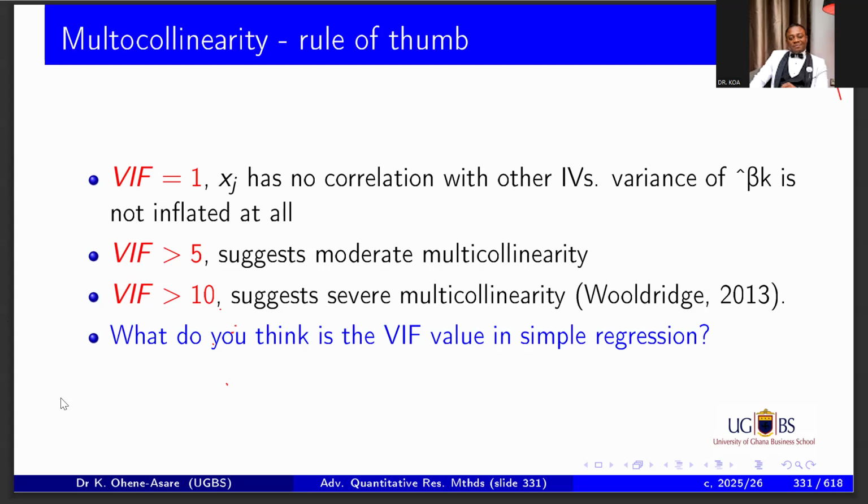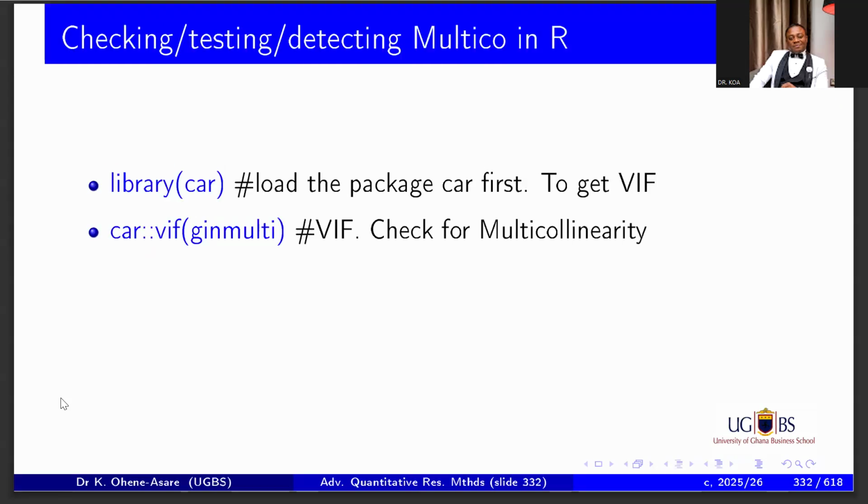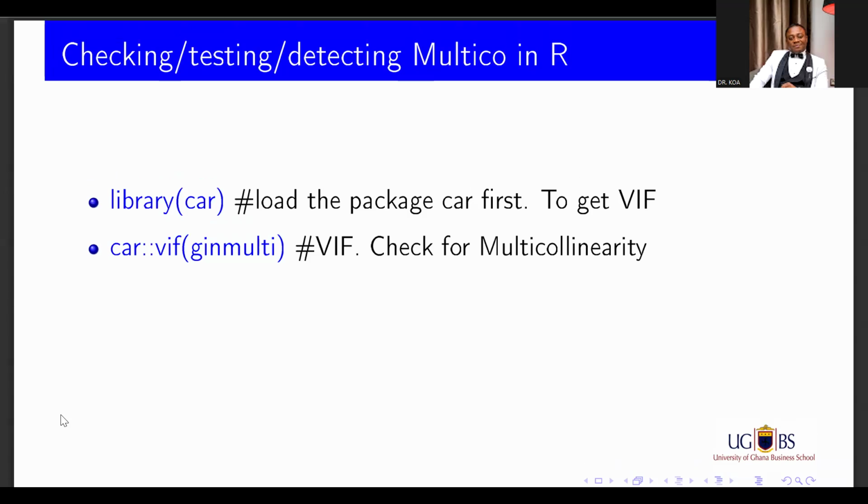So let's go back here and look at what happens if we run the multiple regression that we had before and check for the variance inflation factor. We should be able to get it for the actual Brukutu data set.